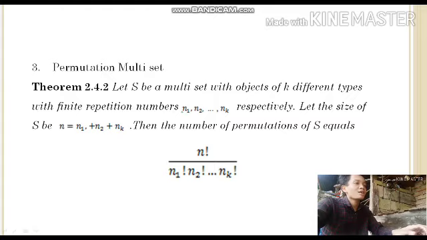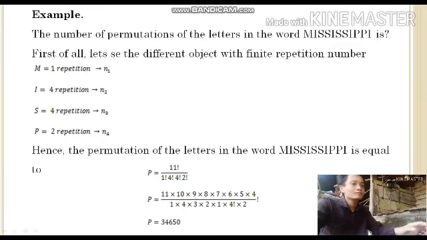Let the size of set S be n, equal to n1 plus n2 plus and so on until nk. Then the number of permutations of S is equal to n factorial over n1 factorial times n2 factorial times and so on until nk factorial.